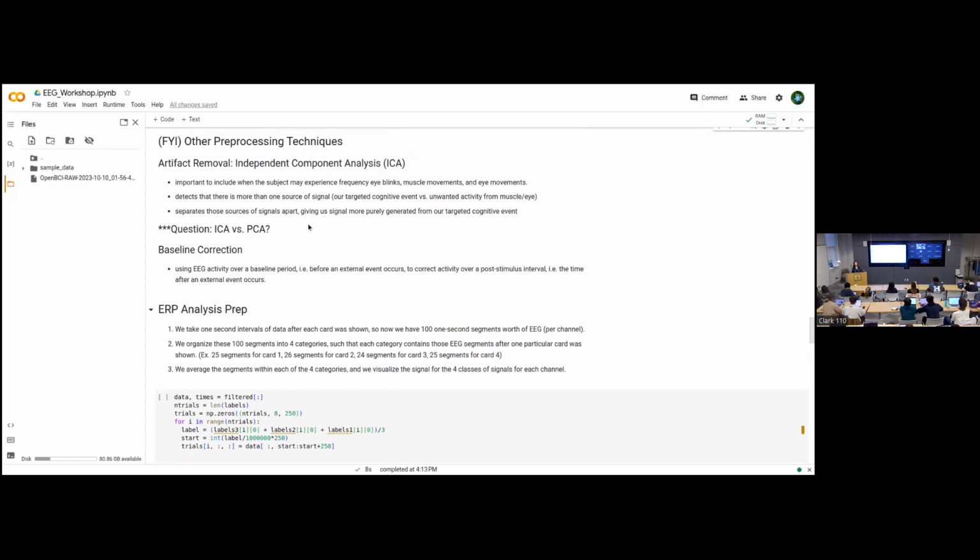So PCA, principal component analysis, assumes that there is orthogonality in your data, which means it picks out the axes that it thinks create the most variance in the data. For example, if you have some sort of shape here, it's going to try to find the principal axes that align those data points.